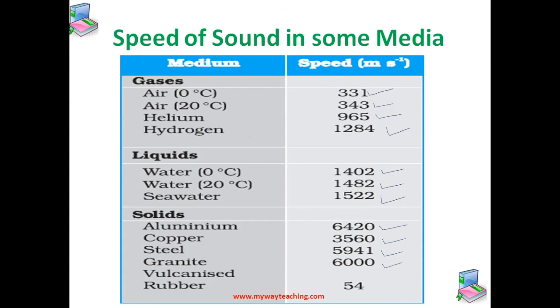We can estimate the speed of sound in a gas in an ideal gas approximation. For an ideal gas, the pressure P, volume V, and the temperature T are related by the equation that we already studied. PV is equal to N Kb T, the ideal gas equation.